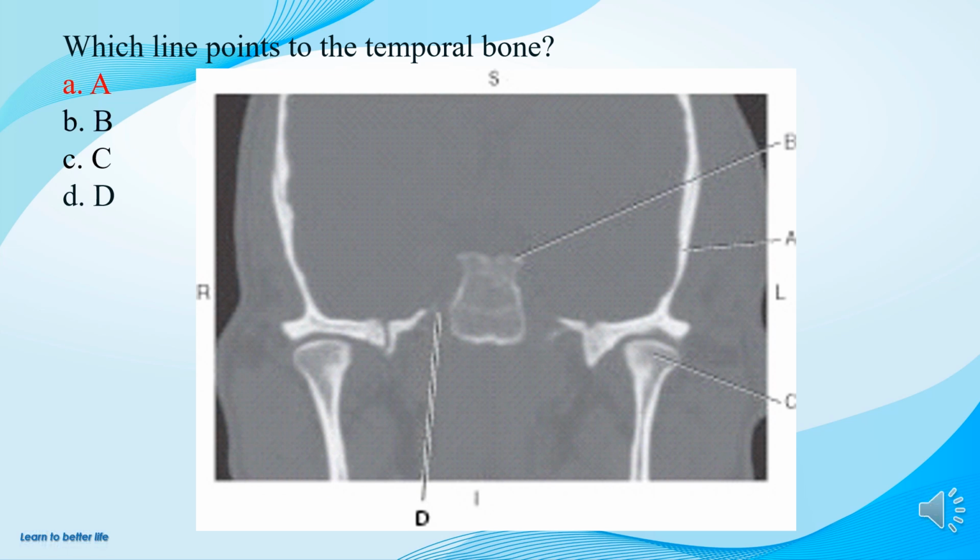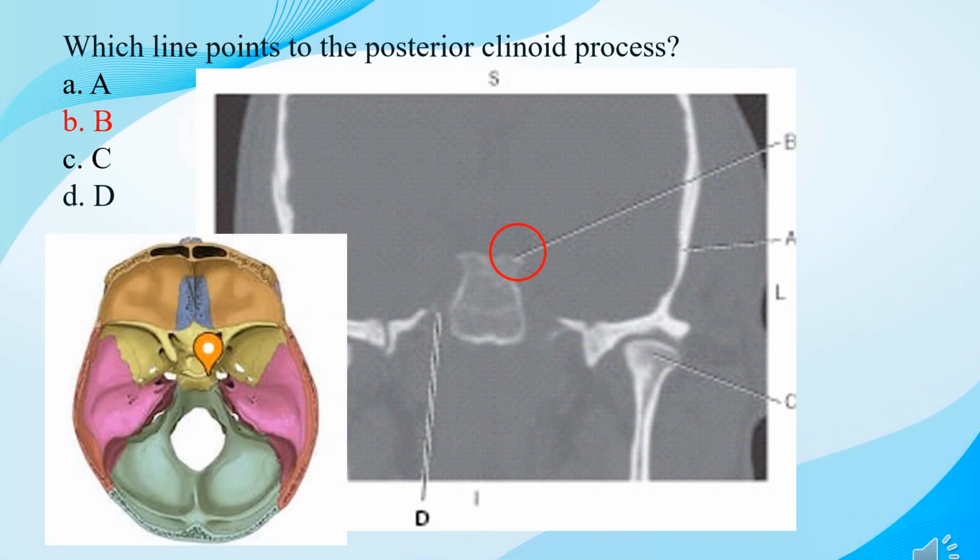The answer is A. Which line points to the posterior clinoid process? A, B, C, or D? The answer is B. The posterior clinoid process, PCP, is a bony prominence located at the superolateral aspect of the dorsum sellae and can have a variable anatomical structure which is adjacent to the clivus.